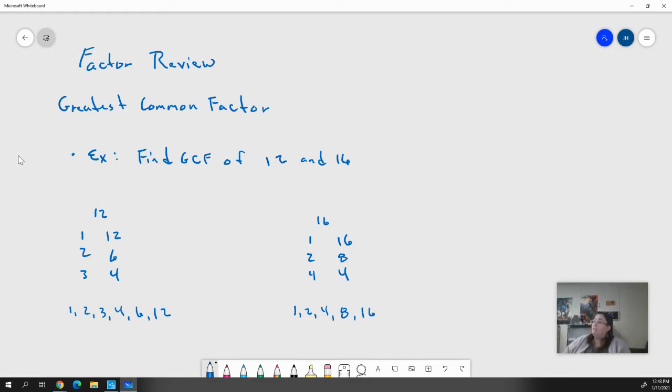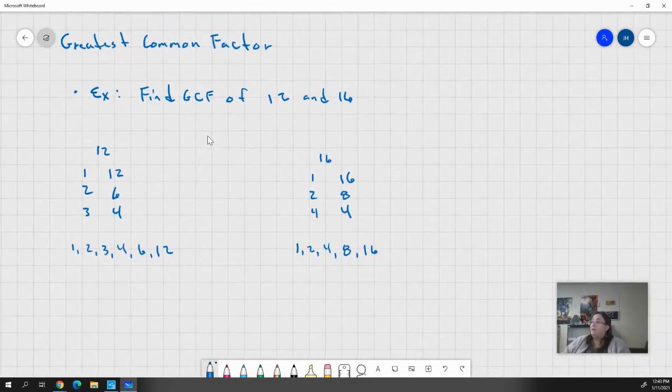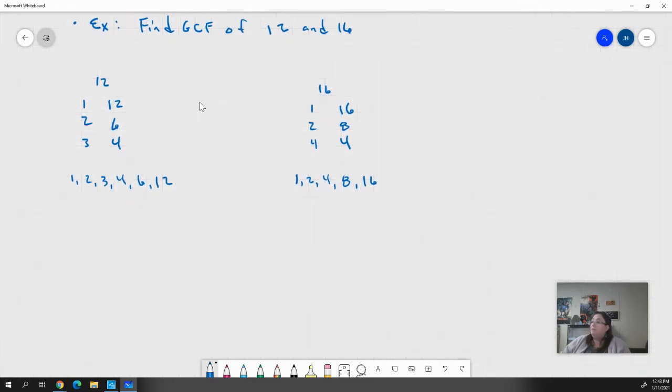We can look at this list of factors and determine, what is the biggest number that they have in common? They both share a common factor of 2, but they also both share a common factor of 4. That is the greatest number that they share in factors, and therefore their GCF, their greatest common factor, would be 4.